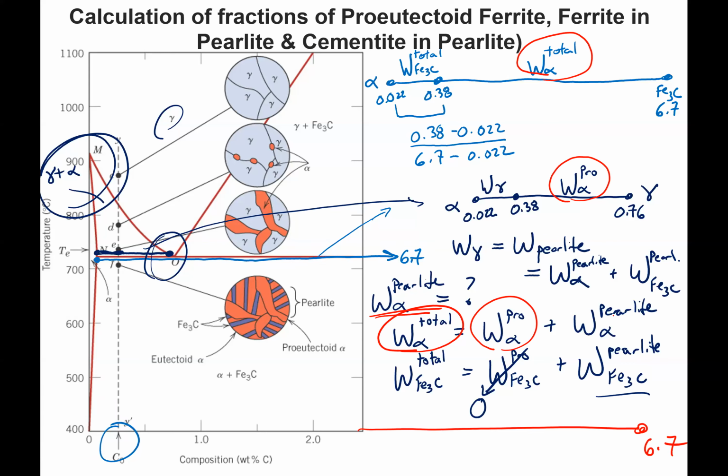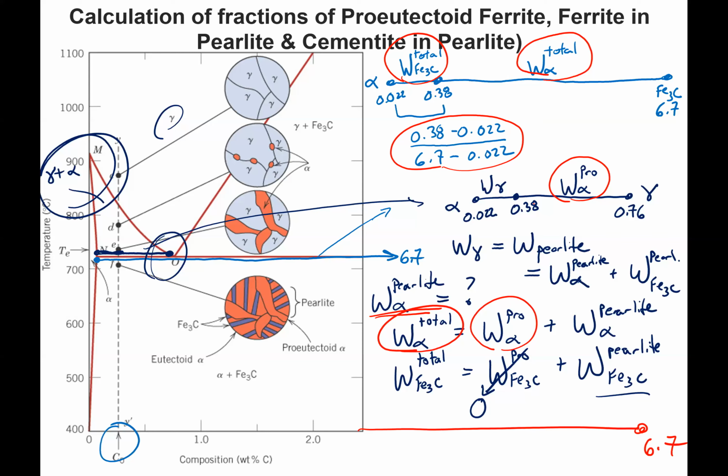And that'll give us the amount of alpha in the pearlite, ferrite in the pearlite. All right, so that is all of the microconstituents. All that's really left to do is to plug in the numbers. I already did one for you here, getting the total cementite. But now they've got all the numbers and the fractional pieces specified. Hopefully you can just plug in the numbers for the rest of these, but everything is there that you need.